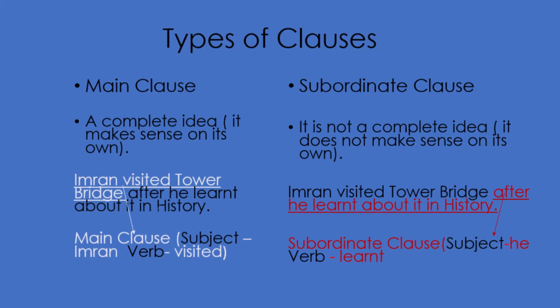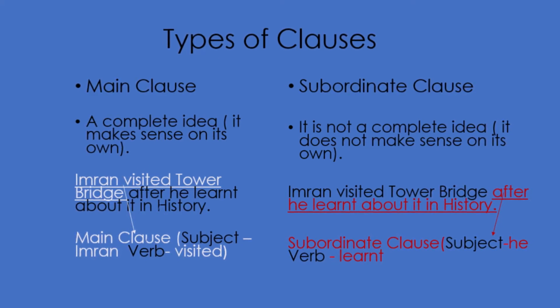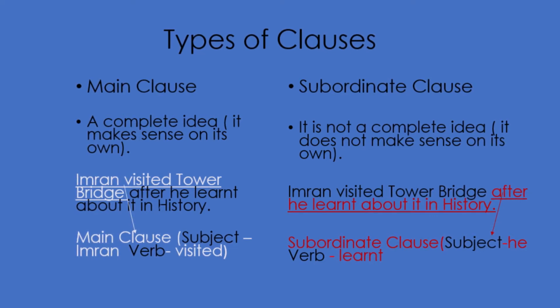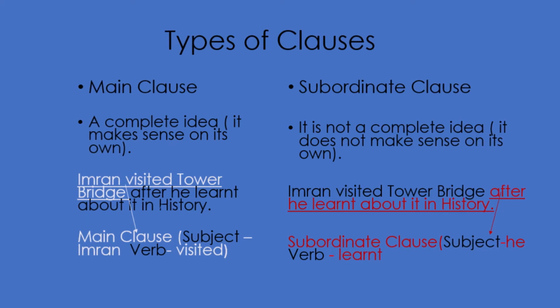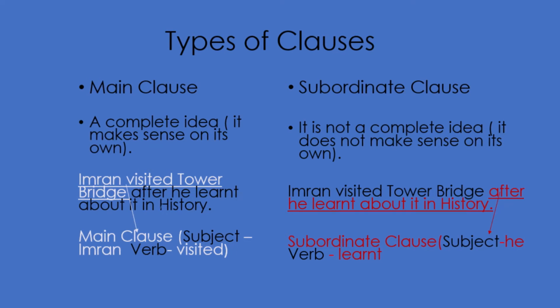visited. A subordinate clause, on the other hand, is not a complete idea. It doesn't make sense on its own. We'll take the same example. Imran visited Tower Bridge after he learnt about it in history. The subordinate clause there is after he learnt about it in history.